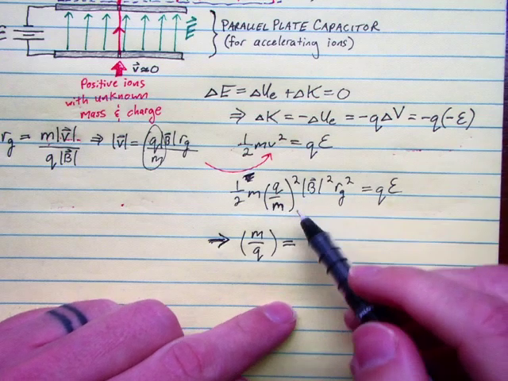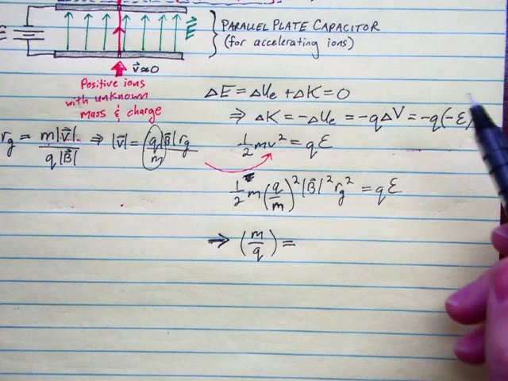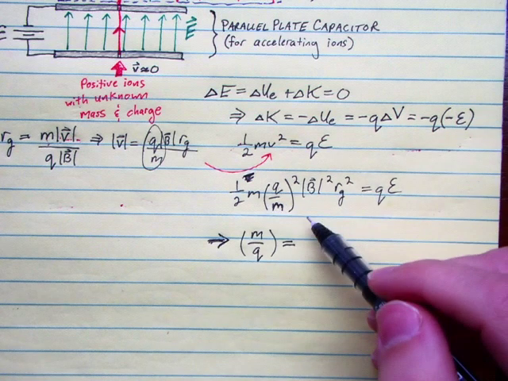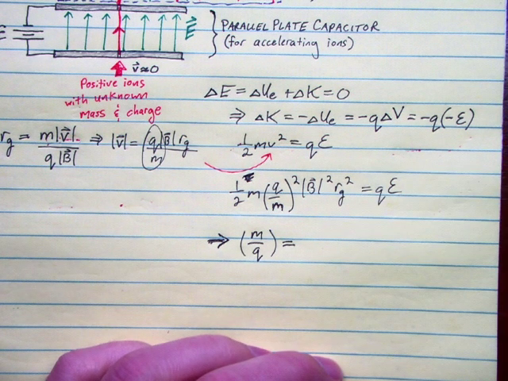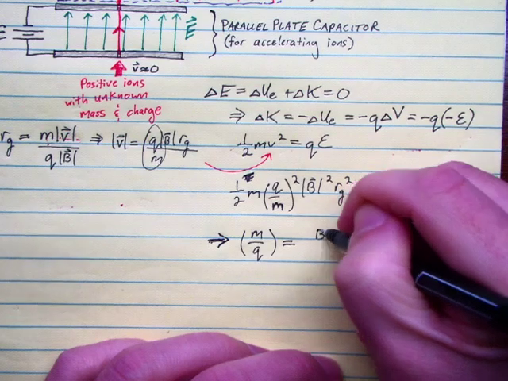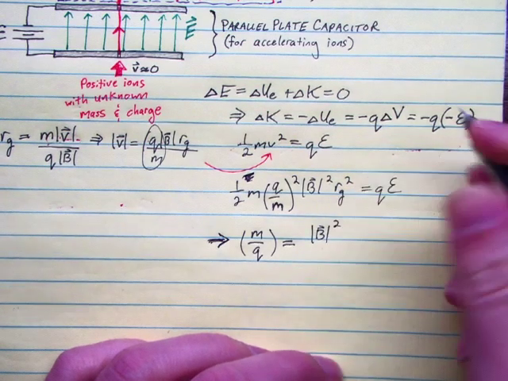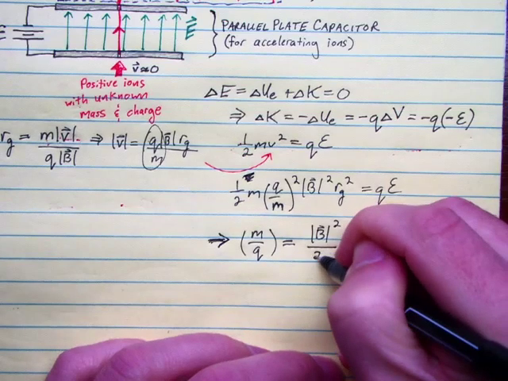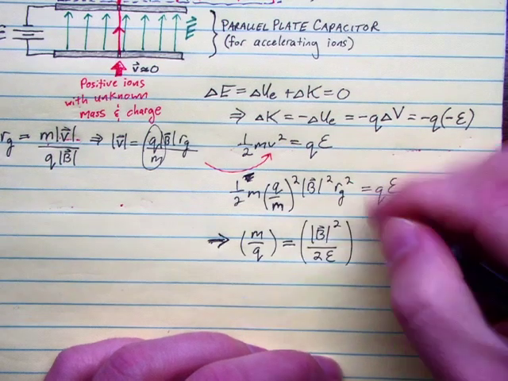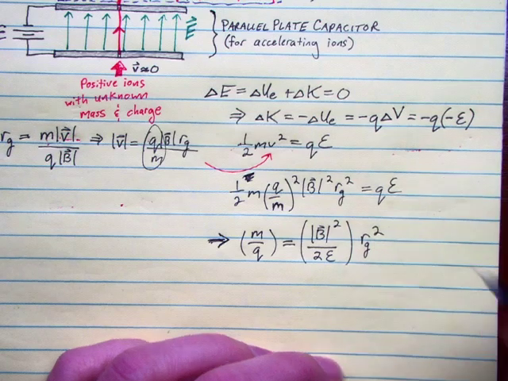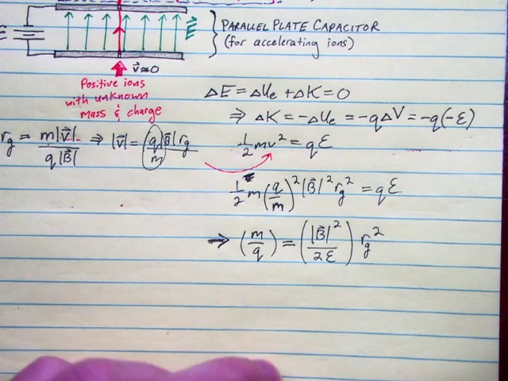I'll multiply both sides by that mass to charge ratio, and I'll skip a few steps of the algebra here. It's going to come out to be the field strength squared divided by 2 times the EMF times the gyro radius squared.